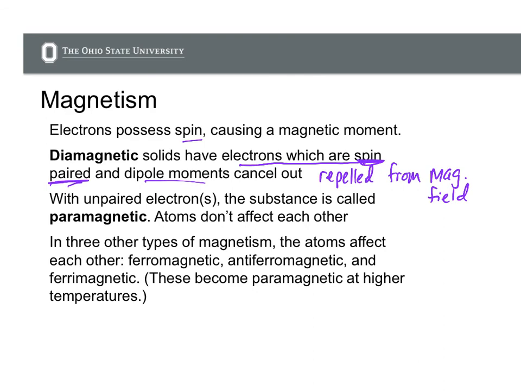Some good examples of these types of compounds are copper, silver, gold. Okay. If a substance has unpaired electrons, it's referred to as paramagnetic. In this particular instance, the atoms don't affect each other. These substances can be attracted to a magnetic field.